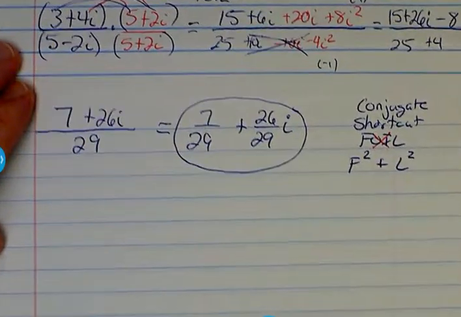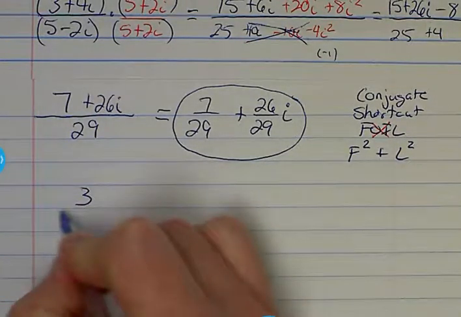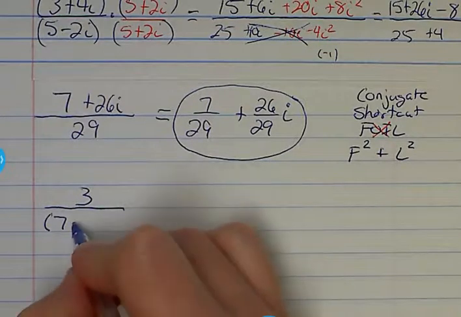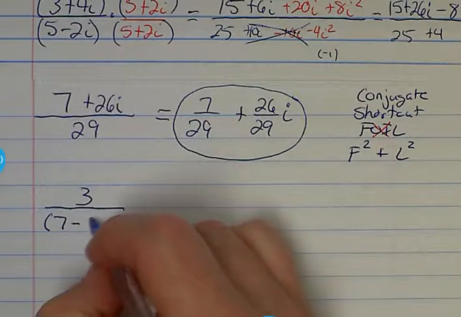Actually, let's do one more, and we'll make the top a little bit shorter. Let's just say the top number was 3. Let's say this was 7 minus 2i.